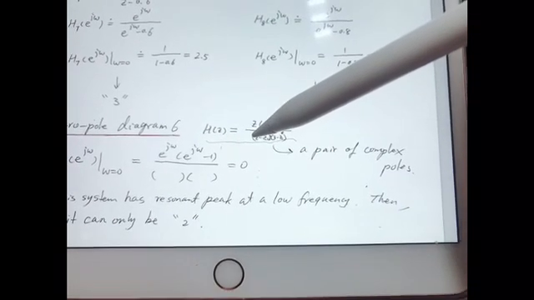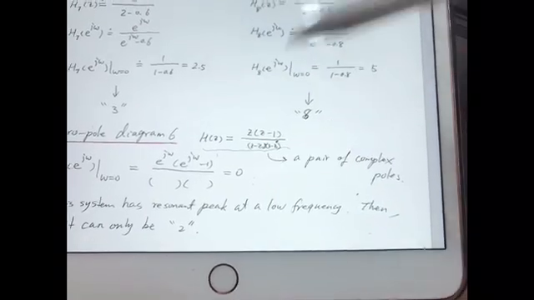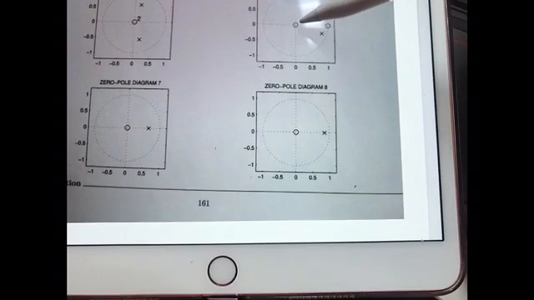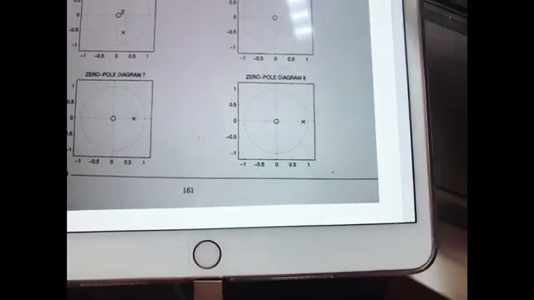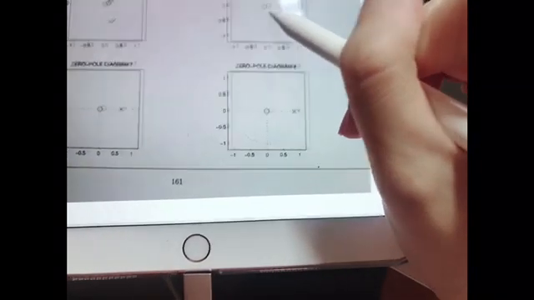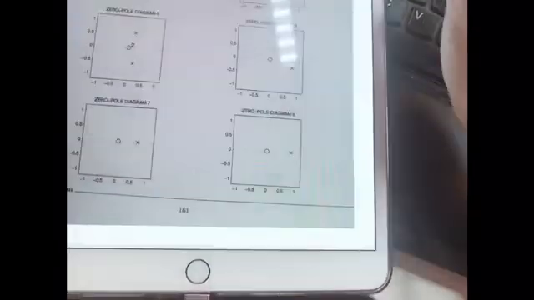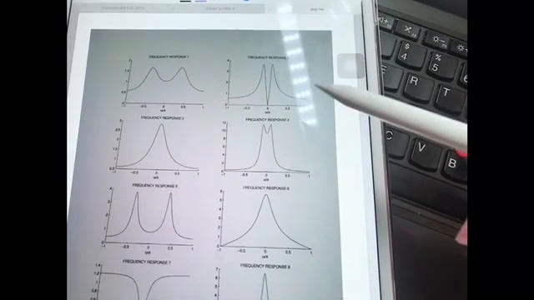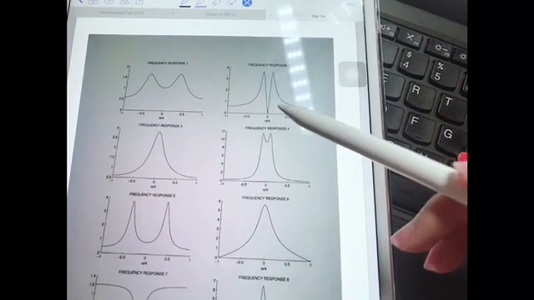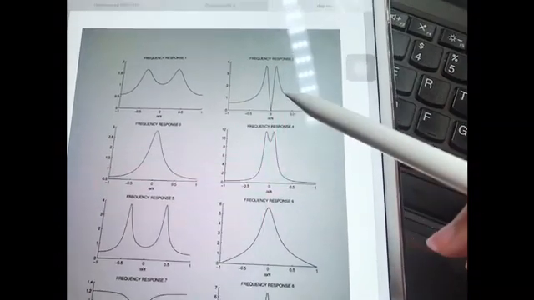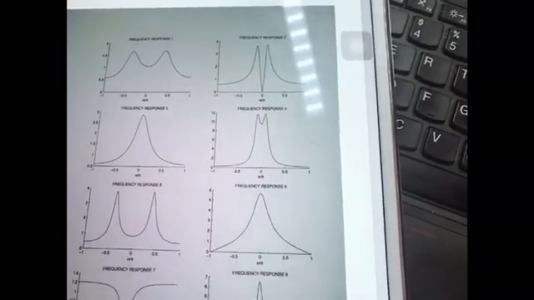And also from the figure we can see that the peak will appear at a lower frequency, for these two poles are at a lower frequency. So back to the diagram, when ω equals 0 it equals 0, and the peak appears at the lower frequency, it is response 2. And this is the solution for this question.